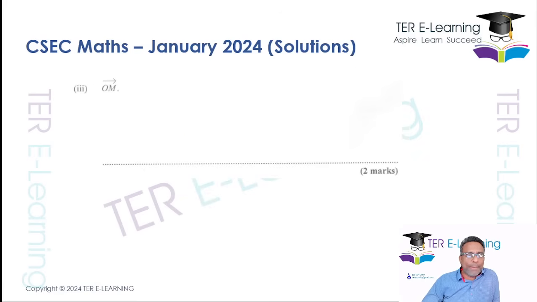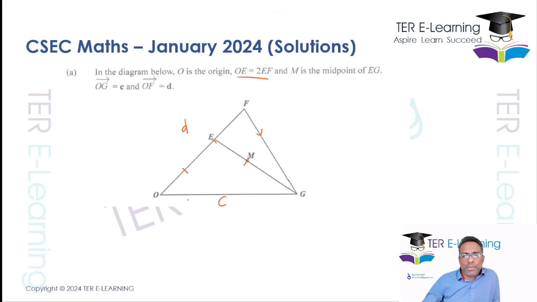You want OM. So OM is this vector here. Did we work out EG before?